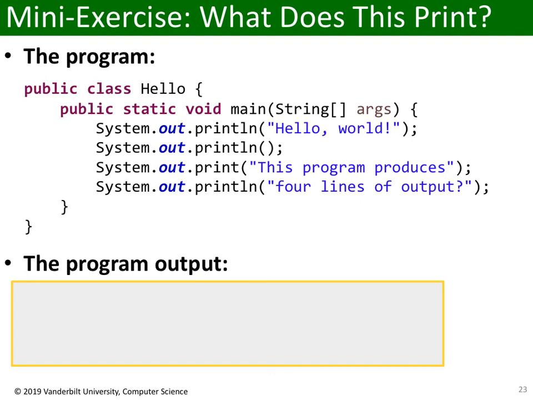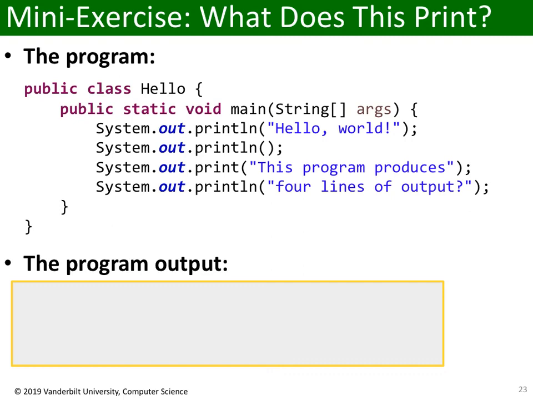So let's do a little comprehension check. We have the program above where we have a class called hello, and in that class we have a method called main, and we have 4 statements.